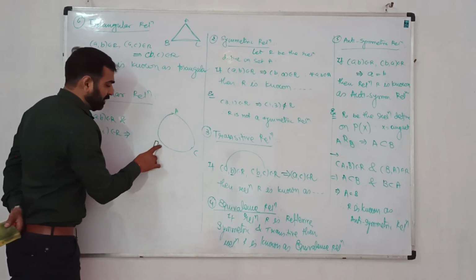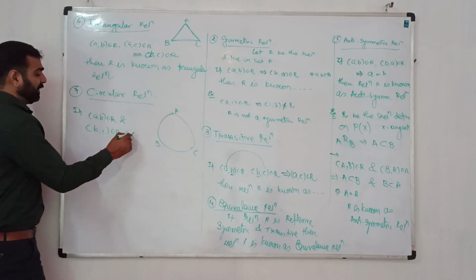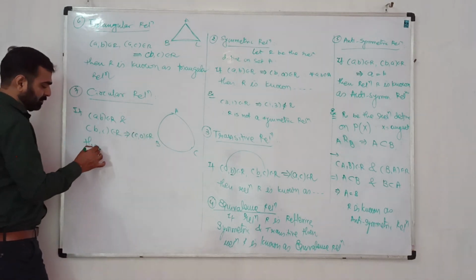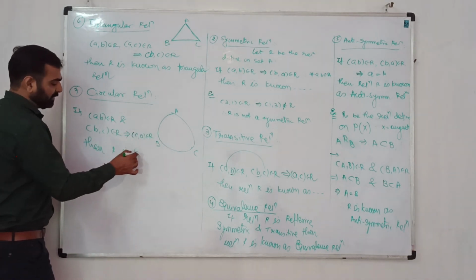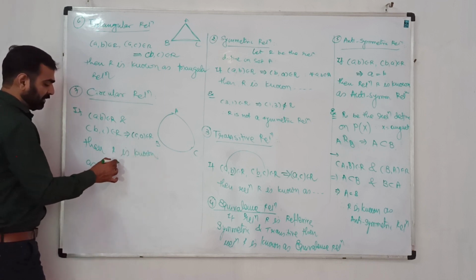A to B, B to C, and to complete the circle, C to A. So that implies CA belongs to R. Then R is known as a circular relation.